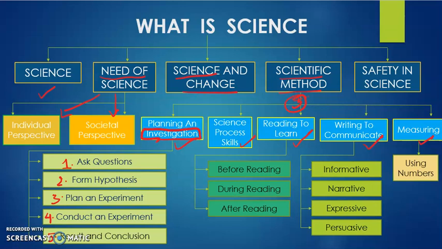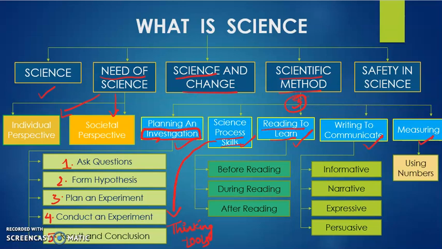And next, science process skills. What is meant by process skills? The other name for process skills is thinking tools. Science process skills can also be called thinking tools. Next one, third one here, reading to learn.